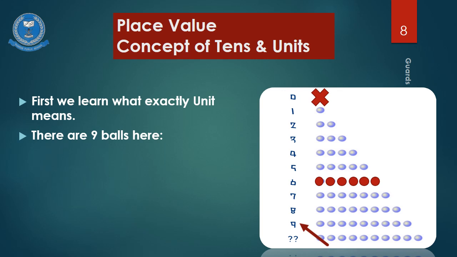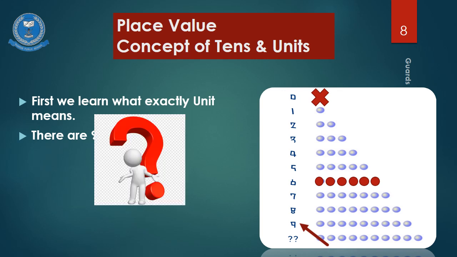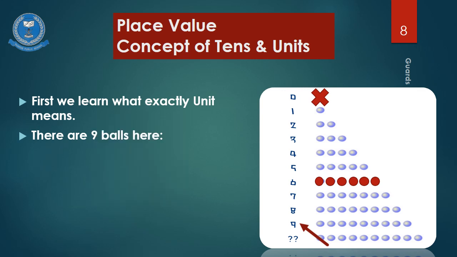Do you know why I am counting all these? I am counting all these numbers to tell you the position of numbers. It means the numbers 0 to 9 come in the unit position because they are single digit numbers.